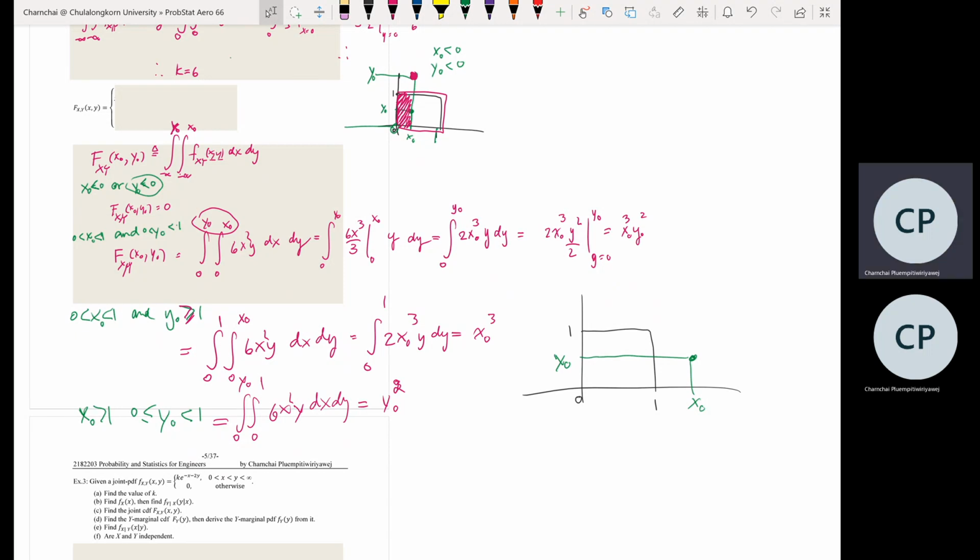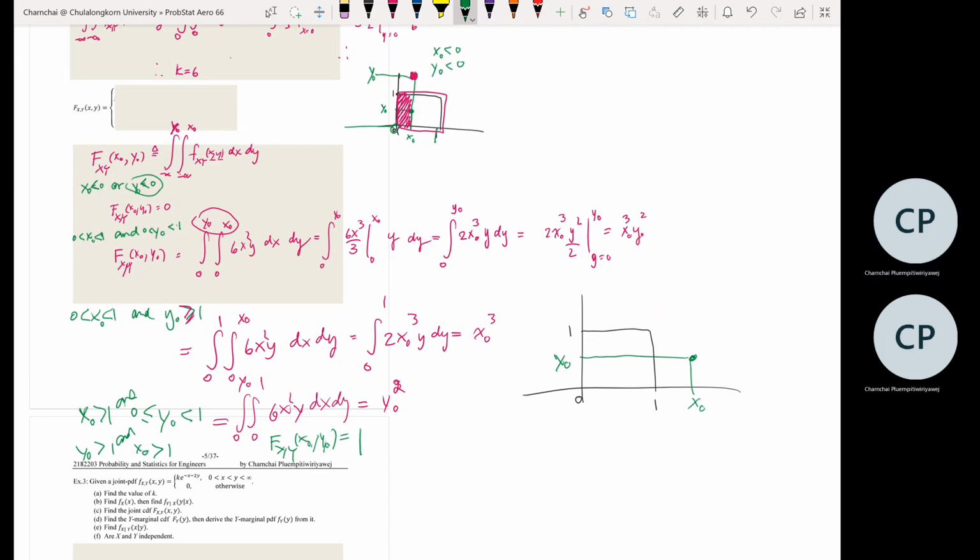And what's the last case? Y naught more than 1 and x naught more than 1. And what's the answer for this one? 1. F of x, y at x naught, y naught is 1.